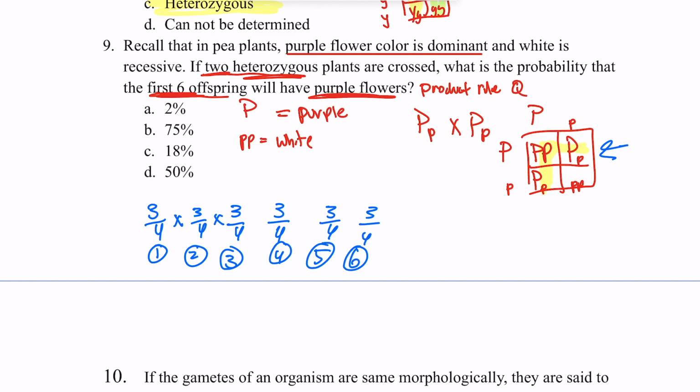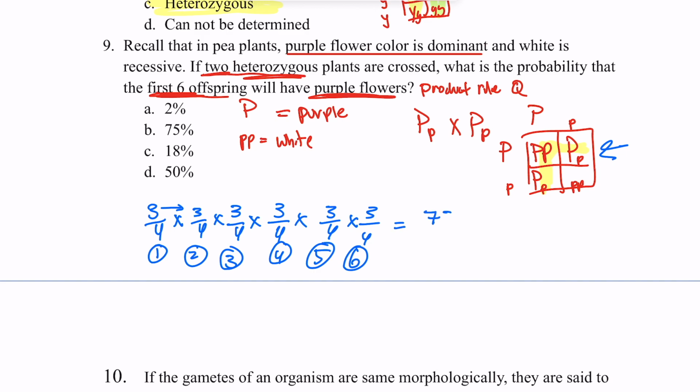So it's going to be 3 to the 6th power, which let me plug into the calculator real quick. 3 to the 6th power is 729.